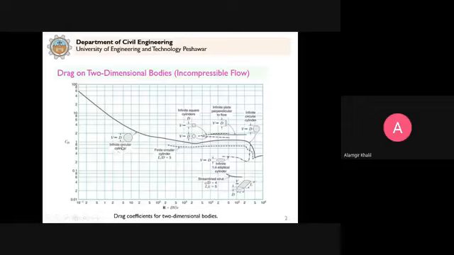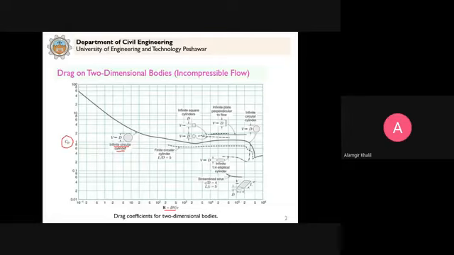Now in this figure you can see the drag coefficient plotted against the Reynolds number. Previously we saw a similar plot for three-dimensional bodies. In this case, for two-dimensional flow, you can see here the infinite circular cylinder.